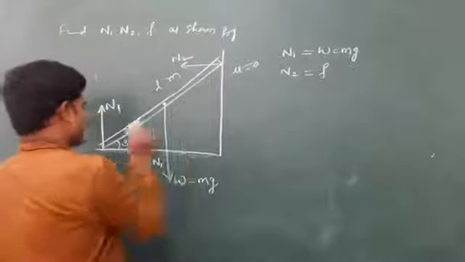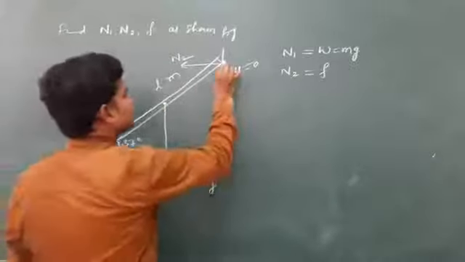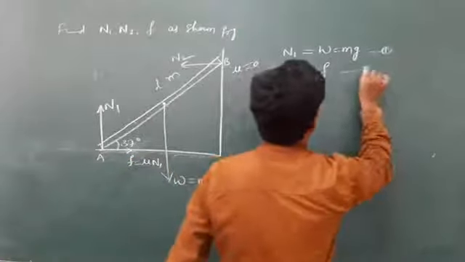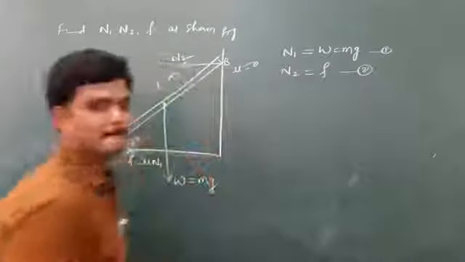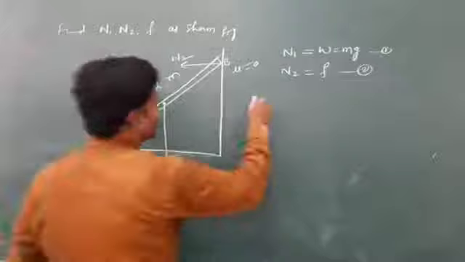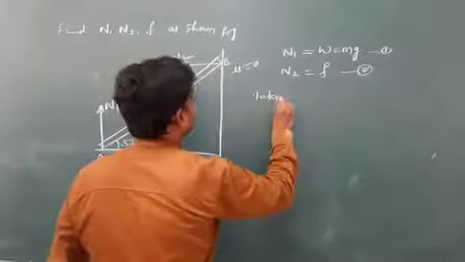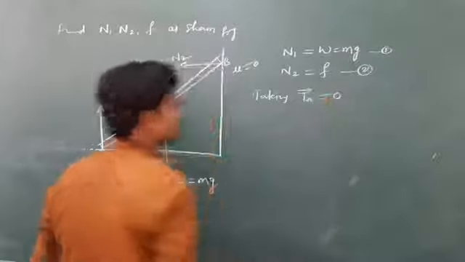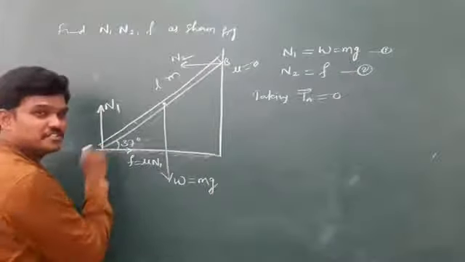Let us suppose this is A, this is B. Okay, I got these equations. Now take the torque about A as 0.